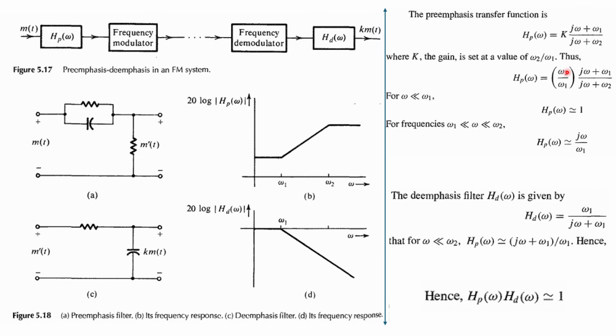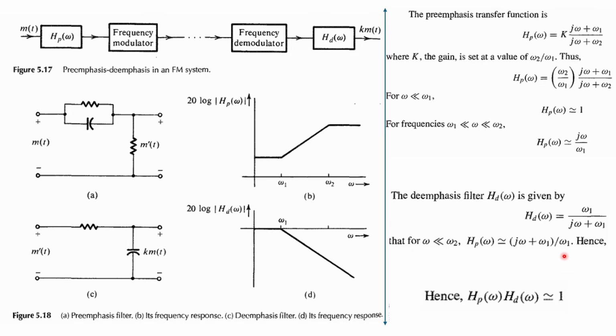Because here we have omega 2 into (j omega plus omega 1) divided by omega 1 and (j omega plus omega 2). Omega is very much less than omega 2, so omega 2 and omega 2 will cancel out, and omega 1 is remaining, and since omega is very much less than omega 2, omega can be neglected. So finally we get (j omega plus omega 1) divided by omega 1, right? So this is the case for the pre-emphasis circuit.